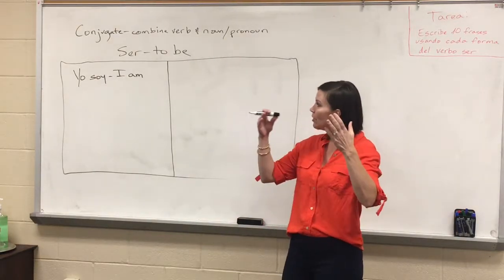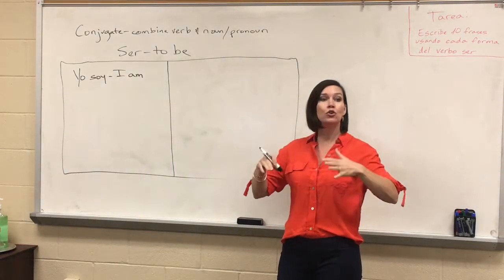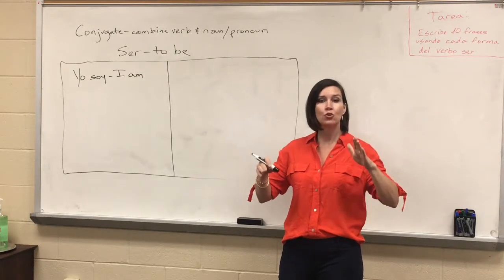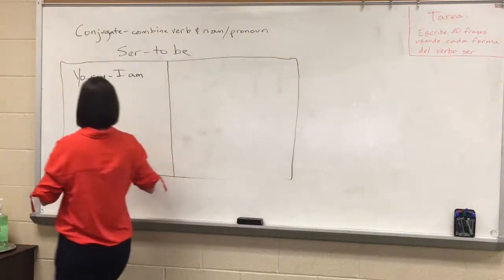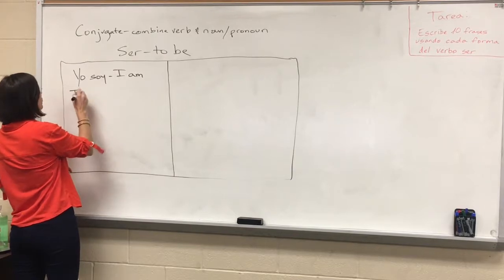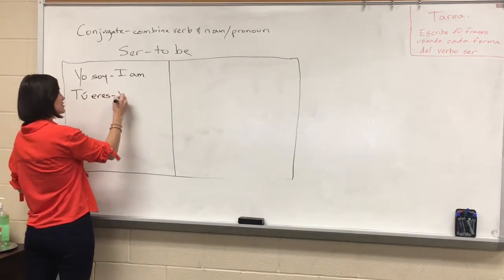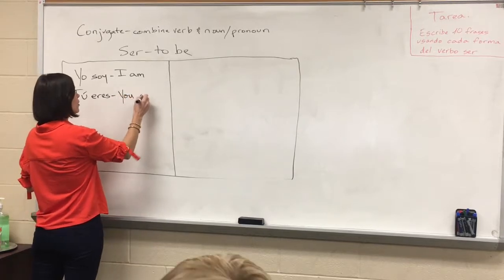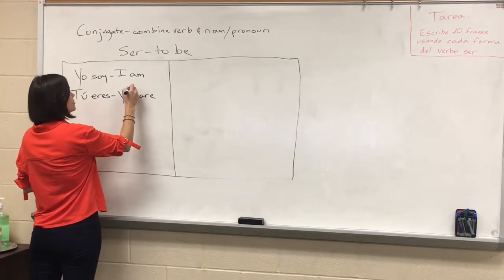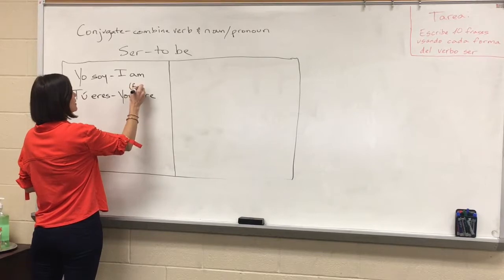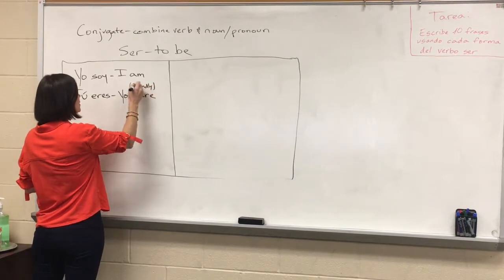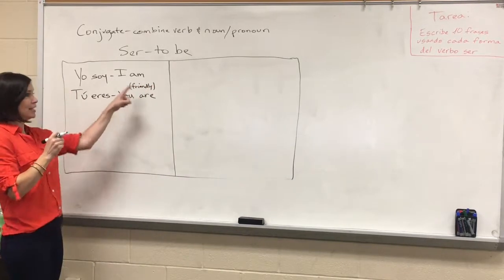Now the next one we're going to use is you are, which is tú eres. Tú eres, and this is the tú with the accent. Tú eres. You are. In case you don't remember, this is the friendly you.